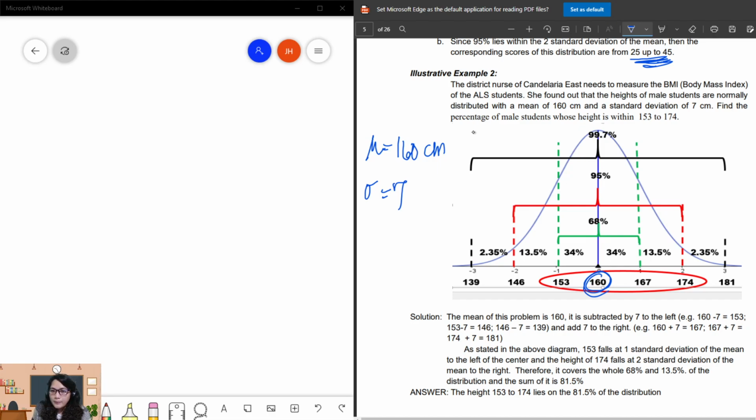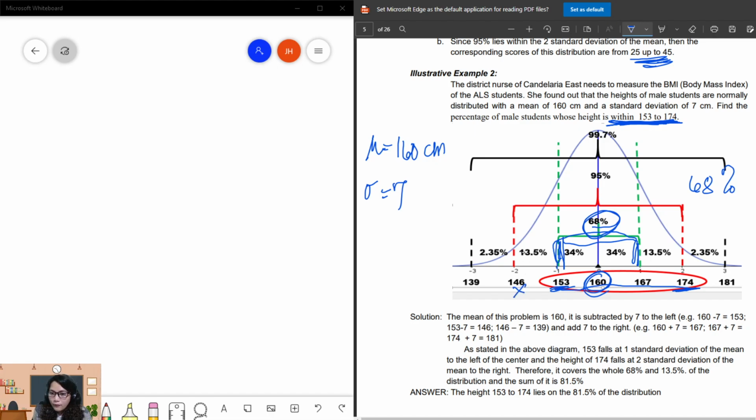So, find the percentage of males within 153 to 174. Remember that this part is already covered with 68%, right? Now, if we are talking about 153 to 174, 146 is not included.